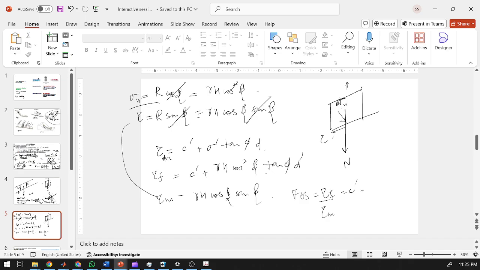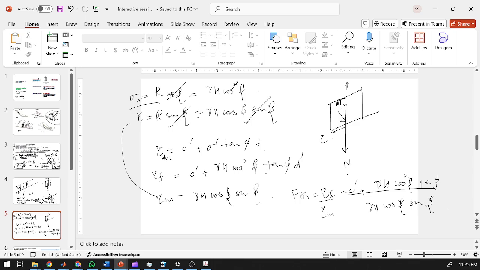Tau at failure is c dash plus gamma h cos square beta tan phi based on Mohr-Coulomb theory, and the actual tau m is gamma h cos beta sin beta.